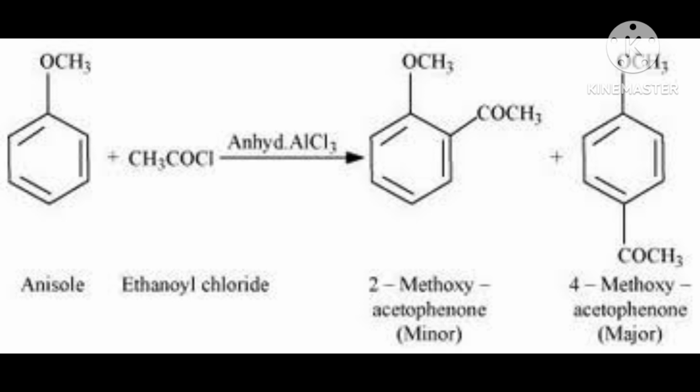If it is joining at carbon number 2, it will form the minor product, 2-nitroanisole, correct. And if it is joining at the para position, it will be called 4-nitroanisole. Okay, this I have told you.